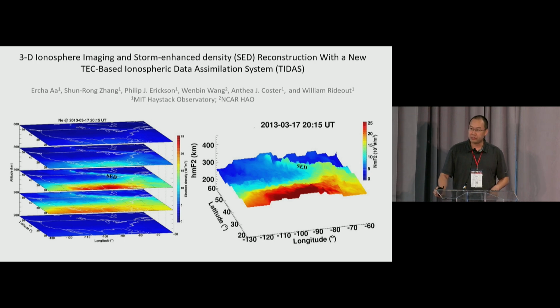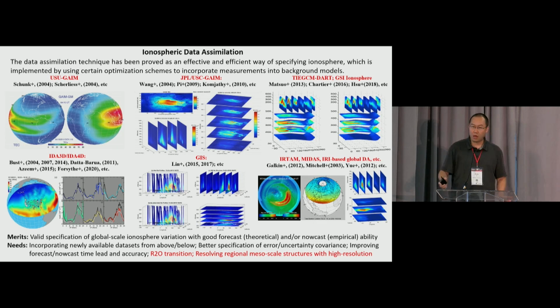However, as we know, accurately imaging and modeling the ionosphere has always been challenging for our space weather community, because the ionosphere is a highly dynamic entity that's subject to very severe space weather fluctuations, both in space and time. Because of this, we use ionosphere data assimilation.